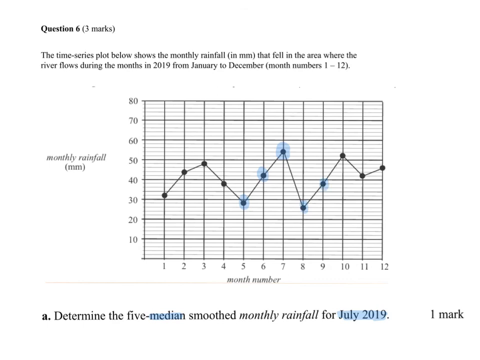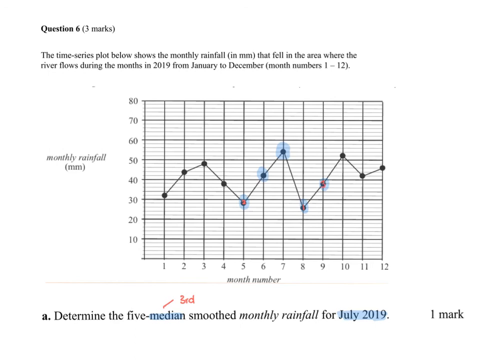Now what I'm doing is using my ruler, and I'm moving from the bottom up to the top. If you have 5 median smoothing, it will occur on the 3rd. So this one was 1, then I hit that one, which is 2, and you can see this one's the 3rd.